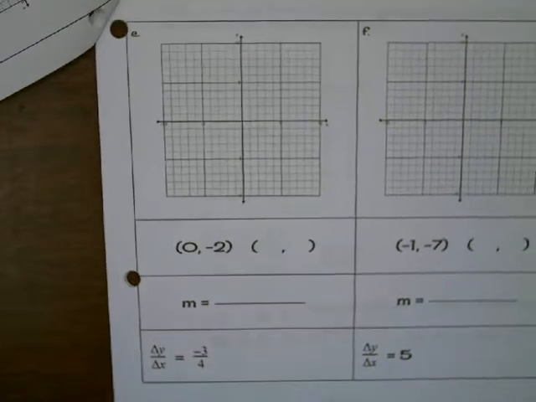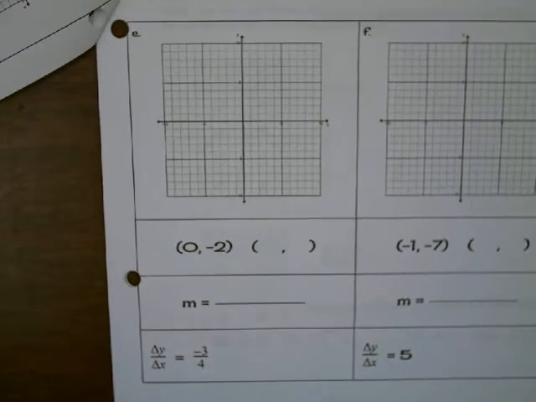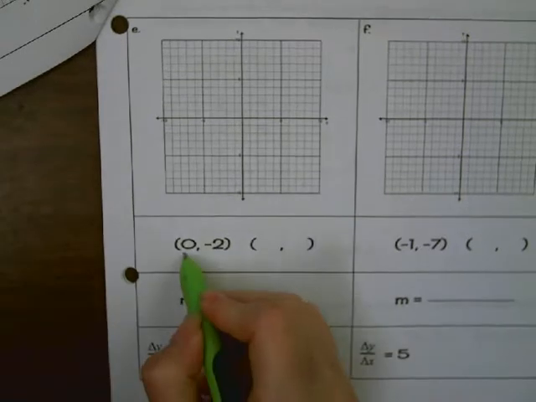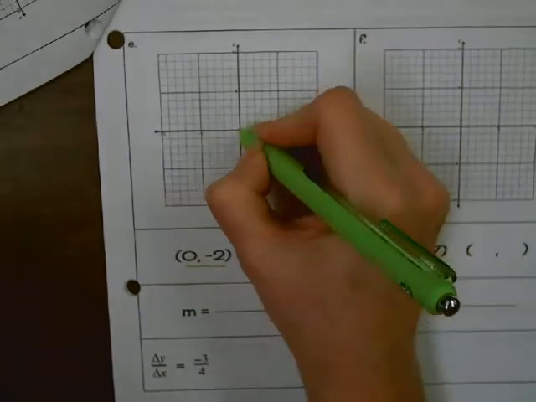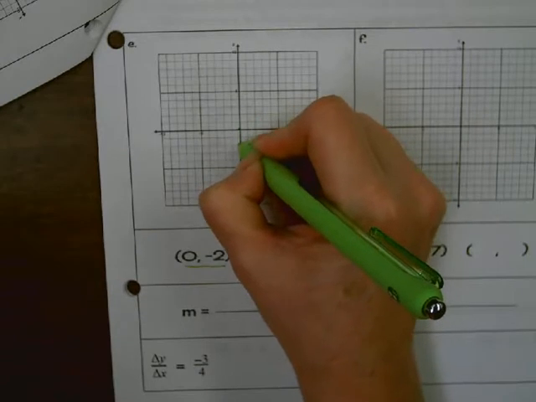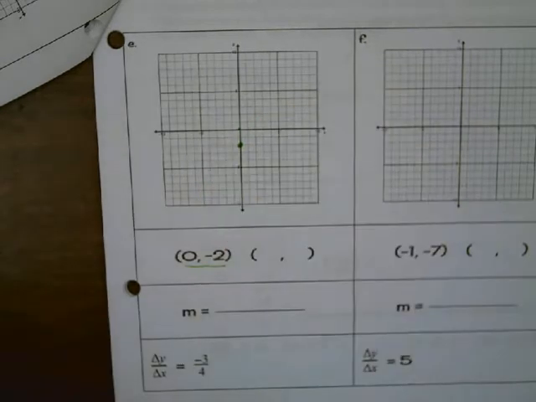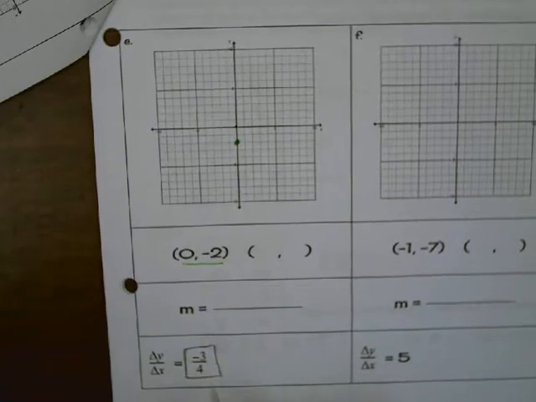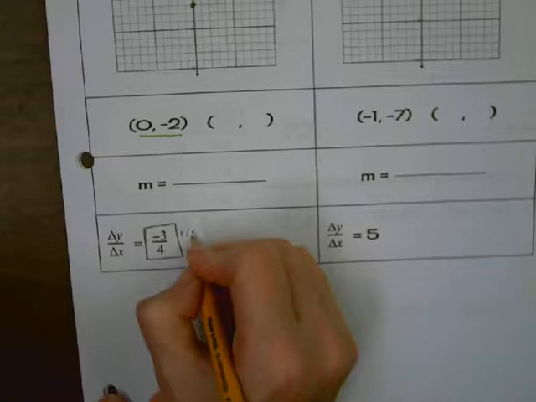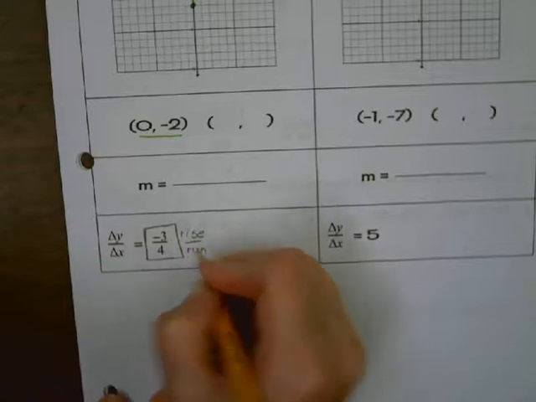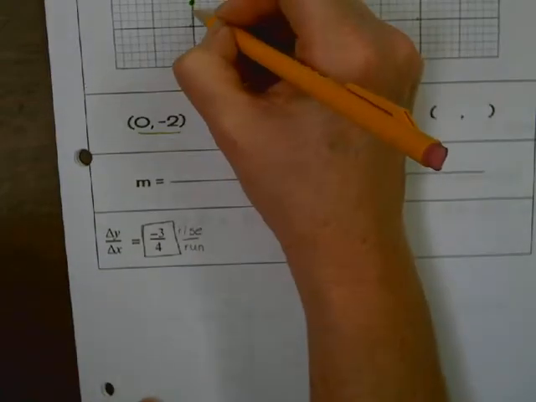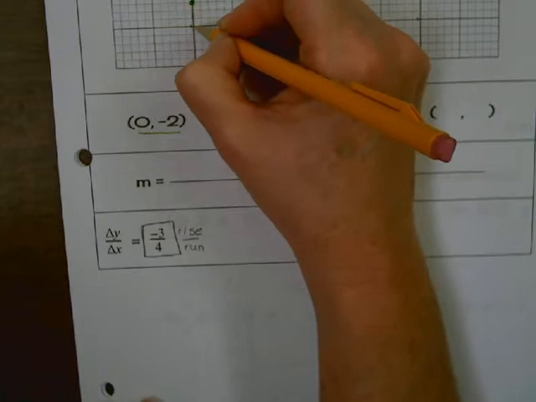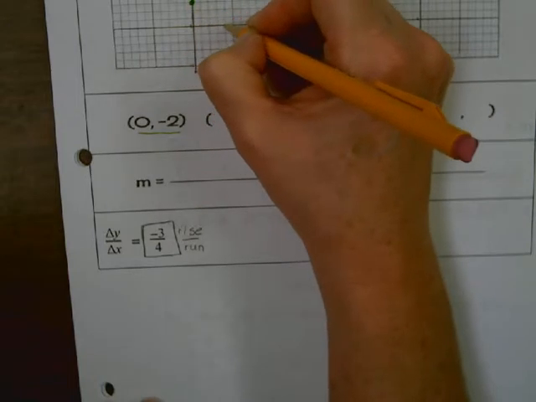All right, E and F are a little bit different. Here's what we're going to do. We're going to plot 0, negative 2. And I'm going to use my given slope. So this is rise over run, and I have a negative, so I need to go 1, 2, 3, over 1, 2, 3, 4.